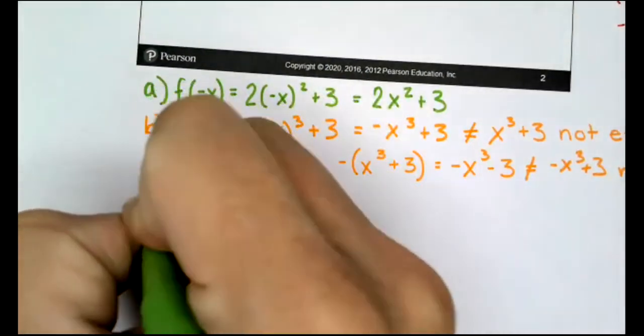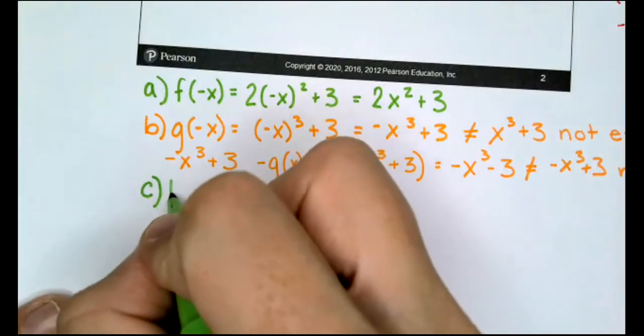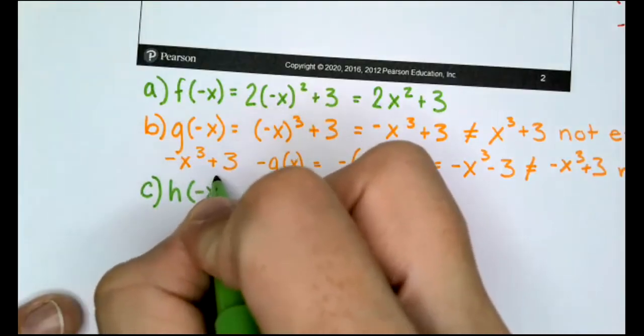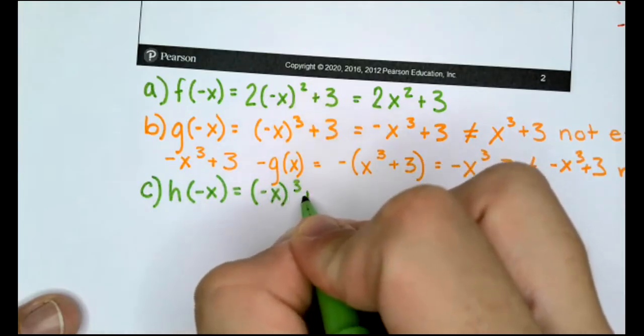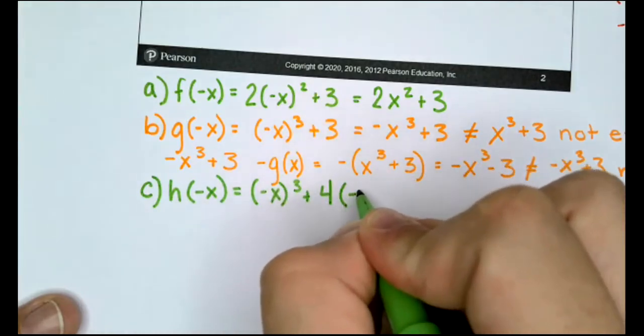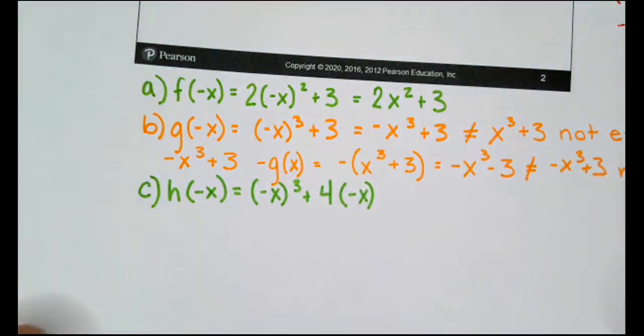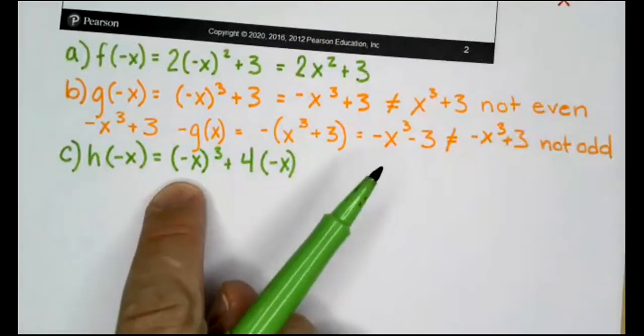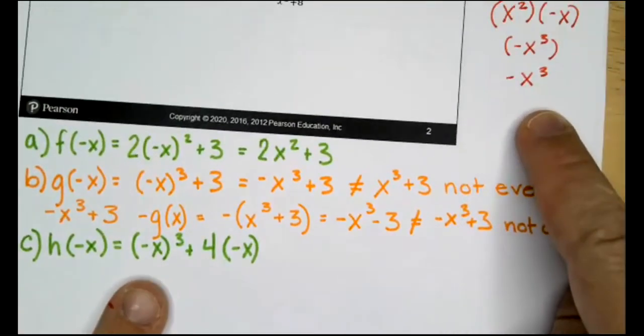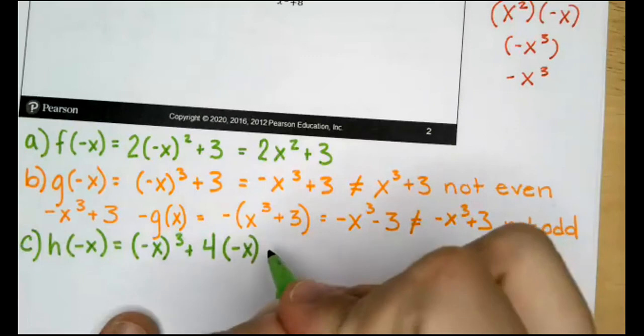Letter C, they use h of x. So h of negative x is negative x to the third plus 4 to the negative x. Okay? So we already know from up here that a negative x to the third remains negative.